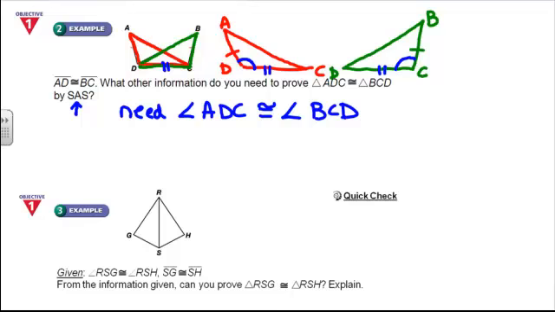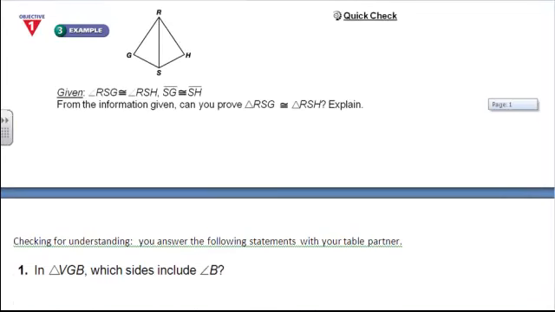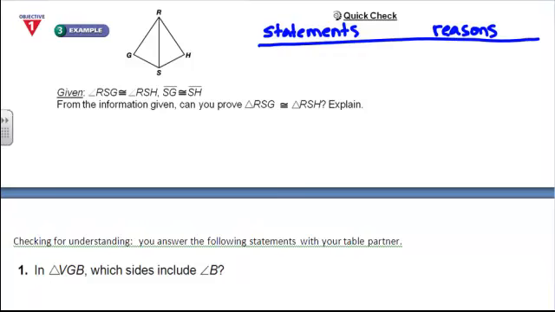Okay, let's do another one. Quick check. Can we prove these two triangles are congruent? Well, let's find out. I know I didn't give you a lot of room. My apology. Statements and reasons. First statement is always what you're given.